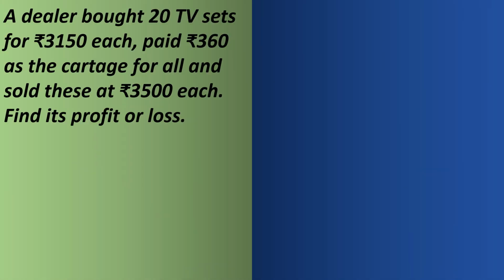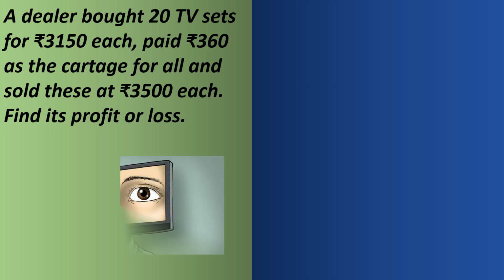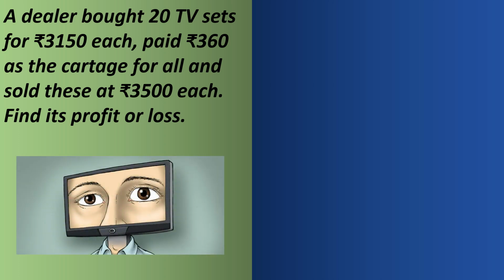Next question is, a dealer bought 20 TV sets for 3150 each, paid rupees 360 as the cartage for all and sold these at rupees 3500 each. Find its profit or loss. So here understand this question.